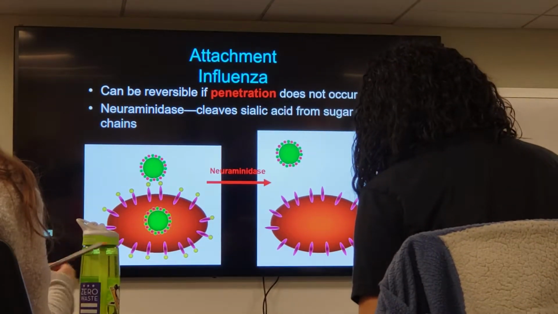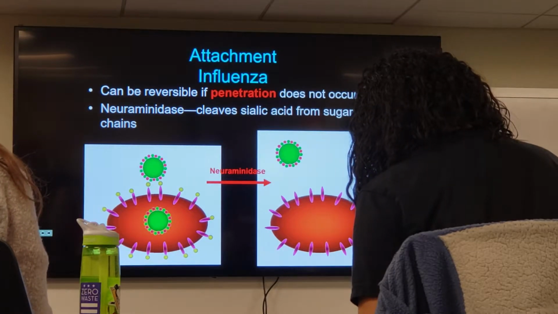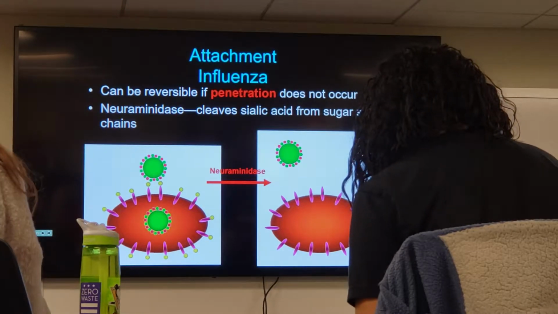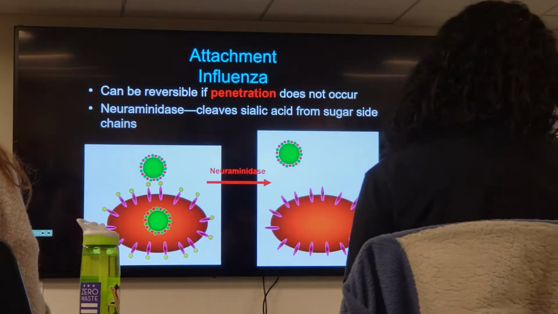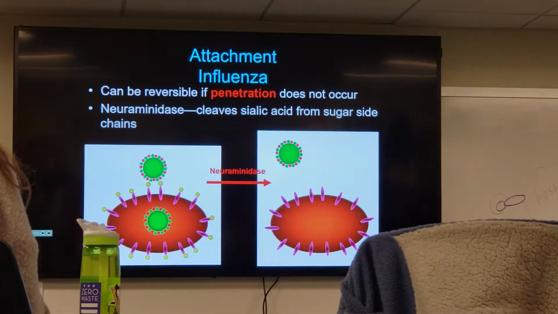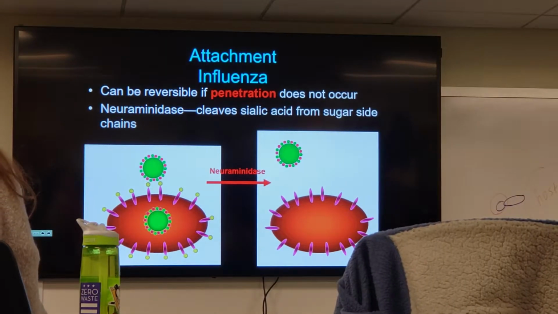So it's the exit strategy so that it can go on and infect another cell. It's a pretty sophisticated, two-pronged approach for a virus like influenza to be able to choose a potential host cell.